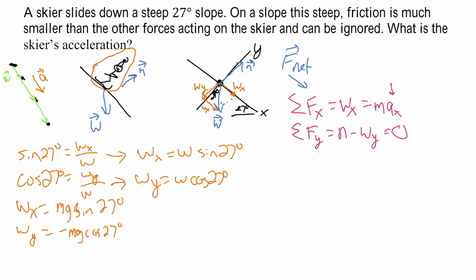Let's substitute what we know in for the things that we're looking for. So like, for example, W sub x equals mg sine 27 degrees equals m a sub x, which is what we're looking for.